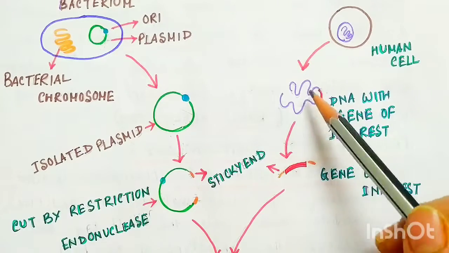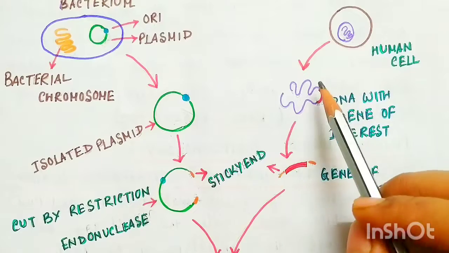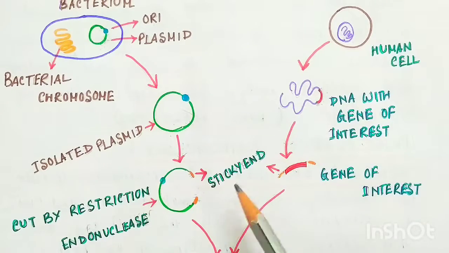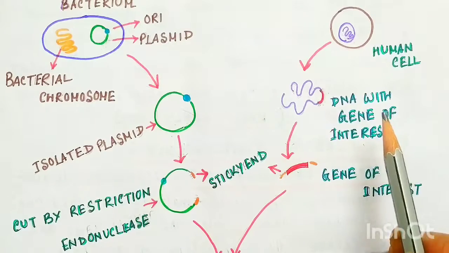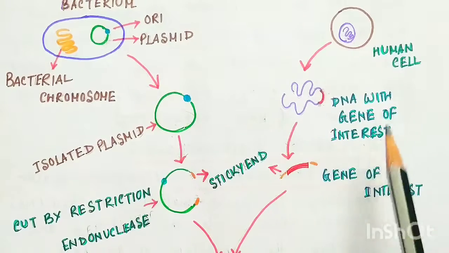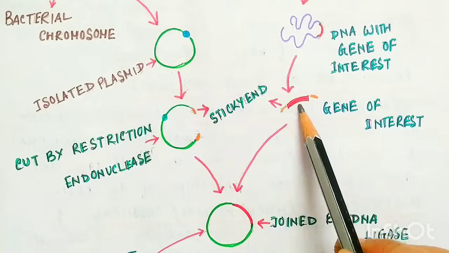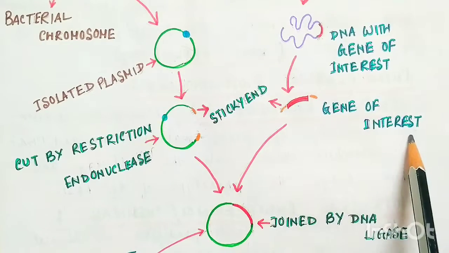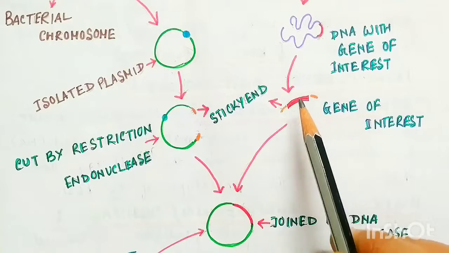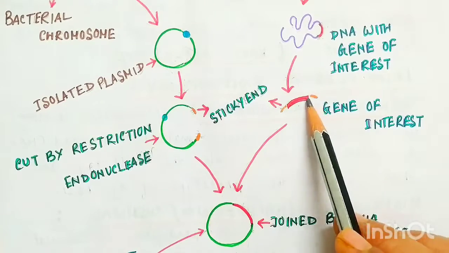Then this DNA is cut into small pieces with the help of restriction endonuclease enzyme, which is known as a molecular scissor, and it is separated into small pieces, and this is called the gene of interest. This cut piece of the gene of interest has these two sticky ends.